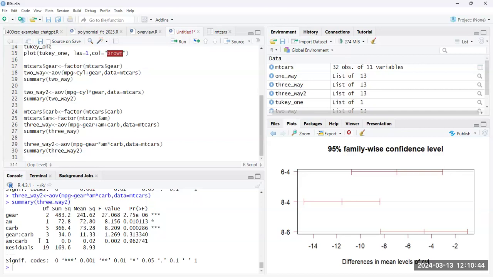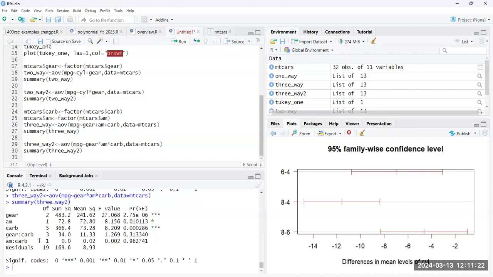Now, it may be that there are no distinctions, there may be no subcategories. We only have 32 observations in this data set. The more interactions that you include, the more data you generally need, or you need to be very careful to make sure that you've included all the possible combinations. In this case, there isn't enough data, not in terms of quantity, but in terms of the specific interaction components, to get all three interactions at the same time, simultaneously, to see if they combine with each other.